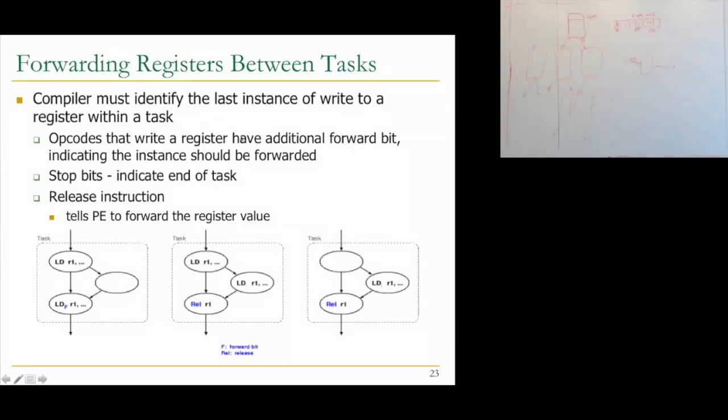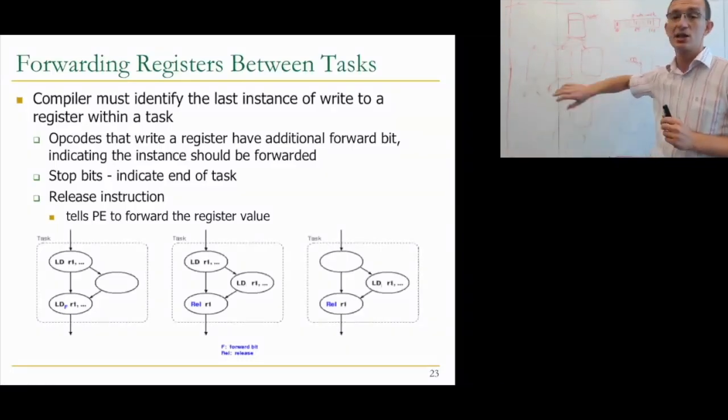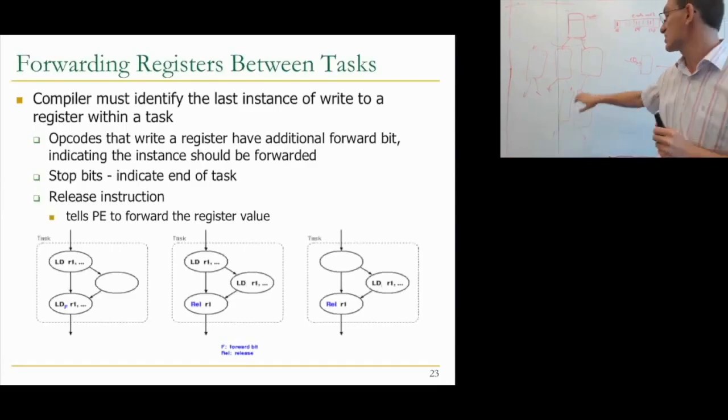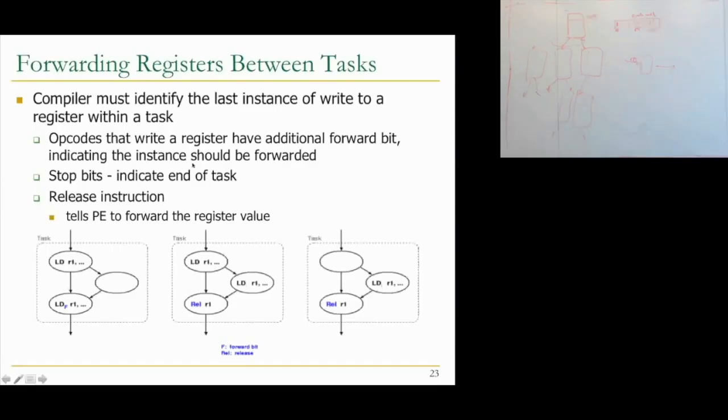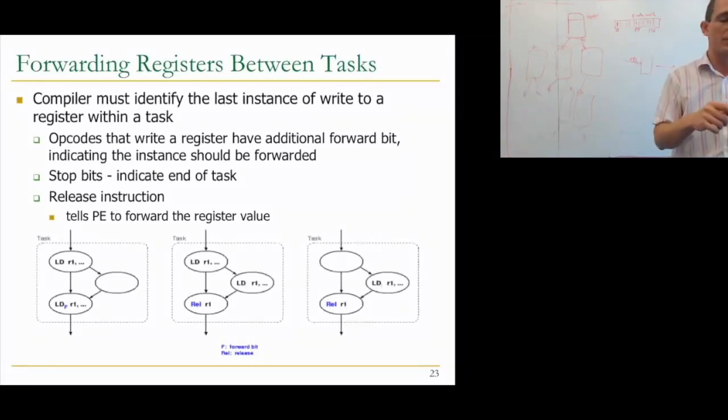Opcodes that write a register have an additional forward bit indicating that this instance, when executed, should immediately forward the result to the next processor in sequence. Stop bits indicate the end of a task. Release instructions tell the processing element to forward the register value specifically. You can use either the forward bits or the release instructions, and there are different cases. Let's take a look at these cases.